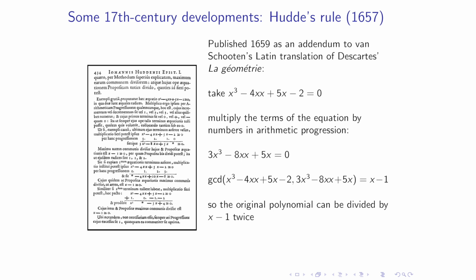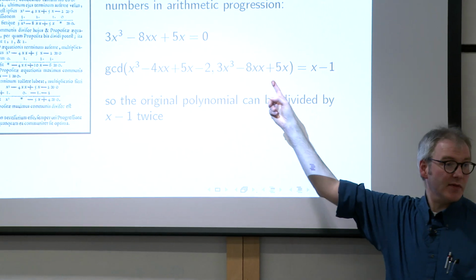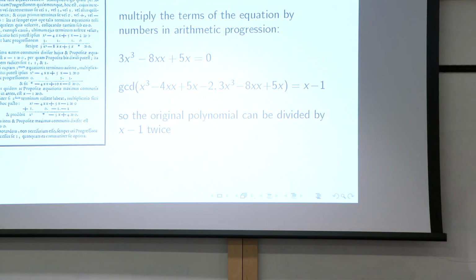And he deduces that the original polynomial is divisible by x minus 1. So if you've seen Hudde's rule, you'll have seen it as a technique for identifying double roots of a polynomial. Nowadays, it has a phrasing in terms of the derivative of the polynomial, because what you might notice is this here is essentially x times the derivative of the polynomial that we started with.